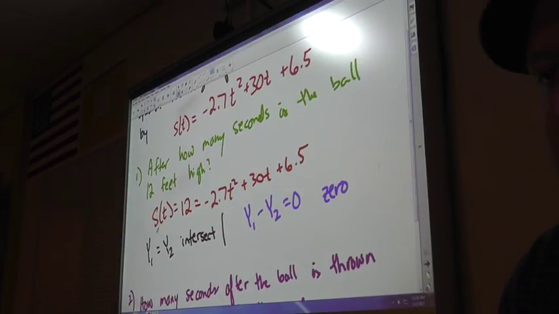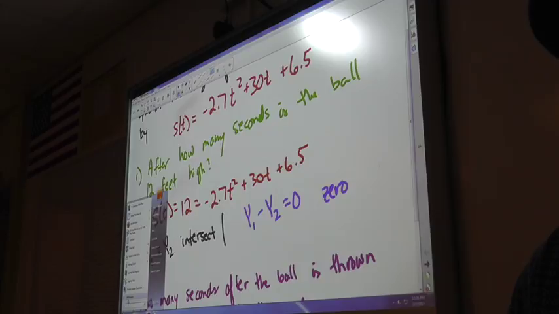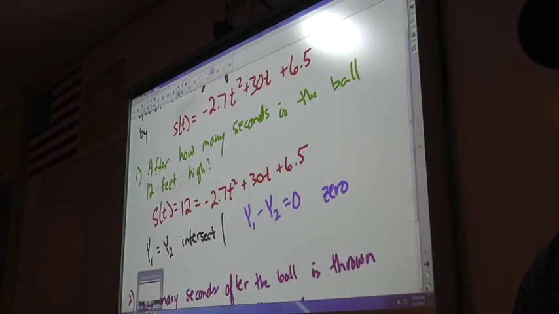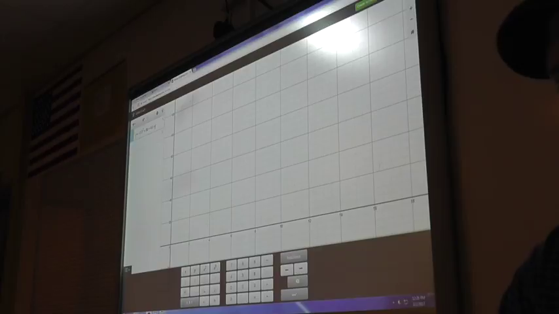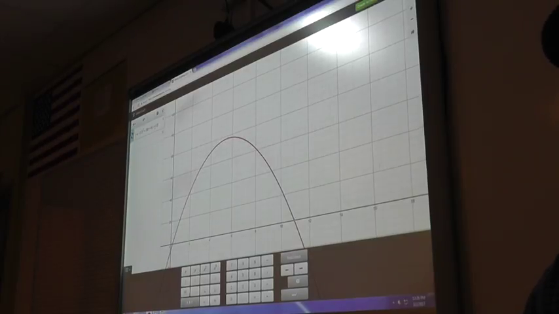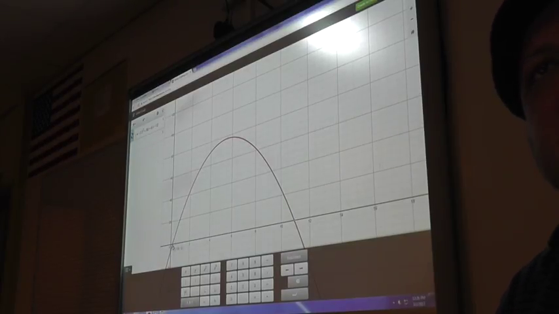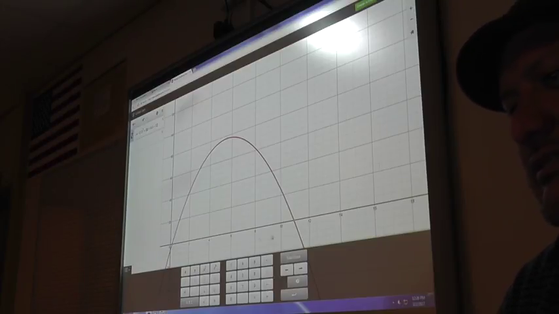So I could just go back to my original one and say, you know what, subtract 12 from this. And now I'm looking for the zeros. The zeros are 0.186 and 10.925.